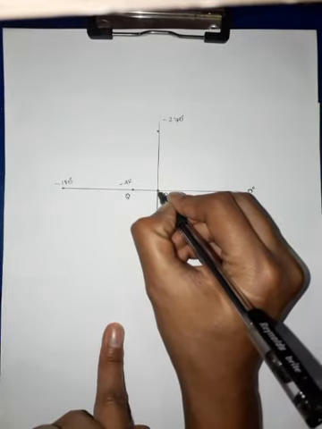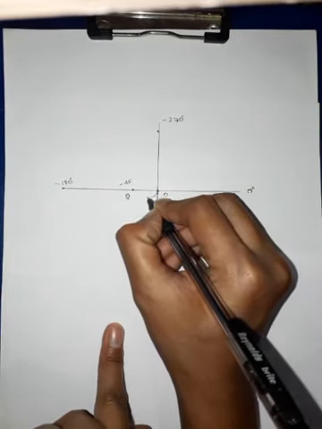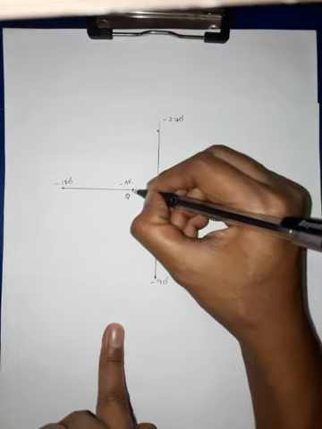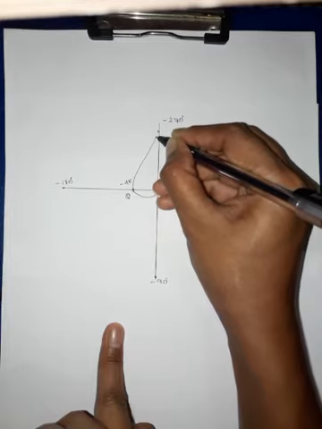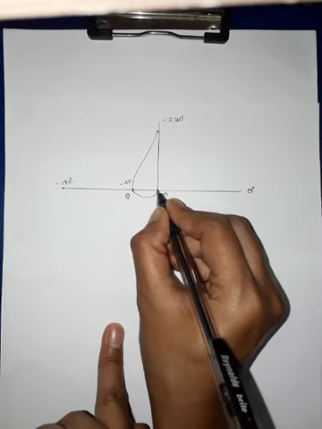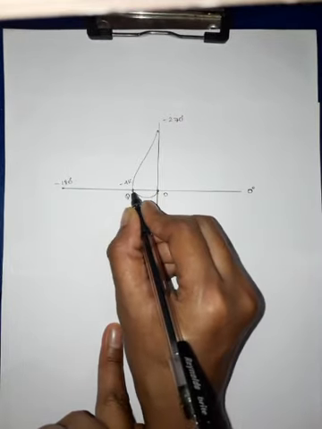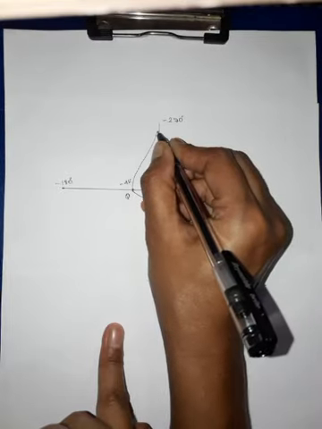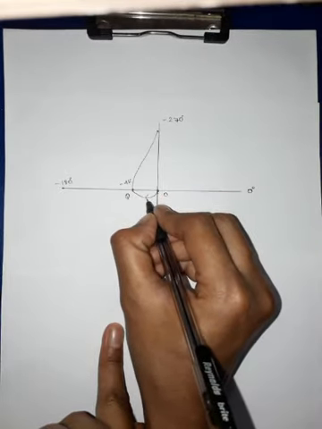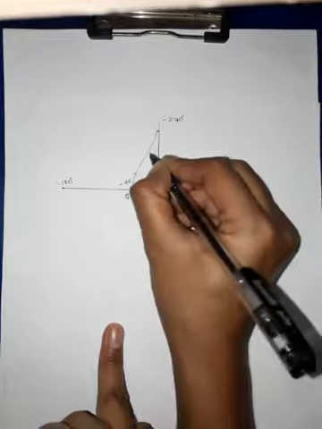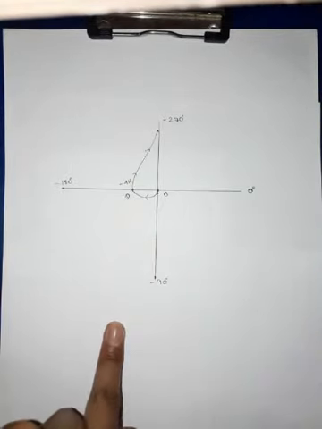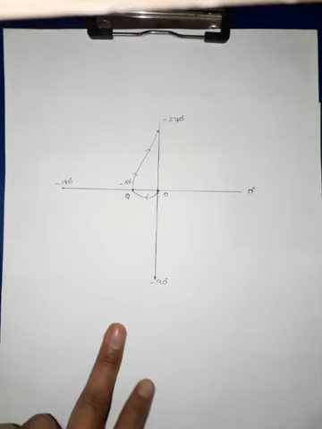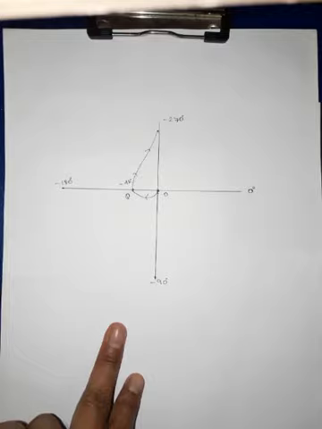That means the Nyquist plot will move like this. So starting point, intersection point, and this one is the ending point. So it's in clockwise direction. This is with respect to section 1.